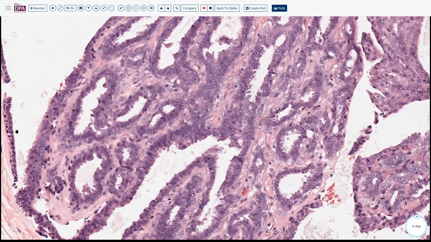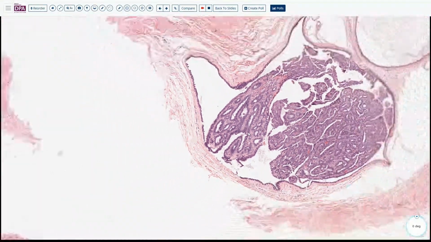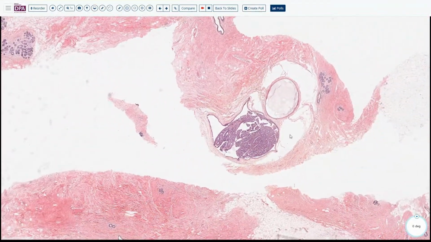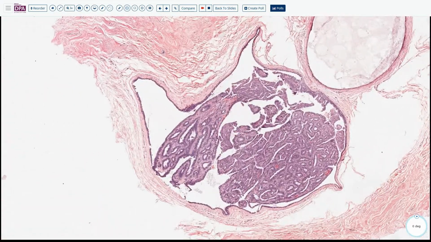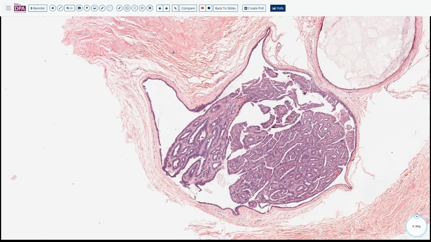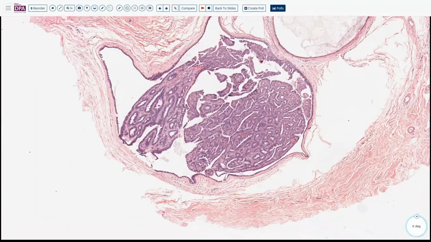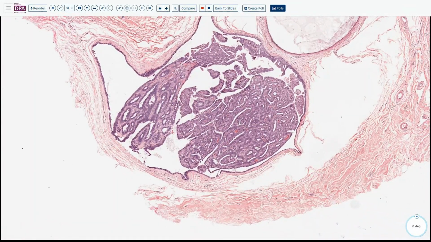Yeah, that's perfect. In low power, we can see this well-circumscribed papillary lesion. We already see some red here. This is a papillary lesion, and it looks like a little bit of a cystic structure. And when we recognize this papillary structure, we need to see, do we have any cribriform architectural atypia?